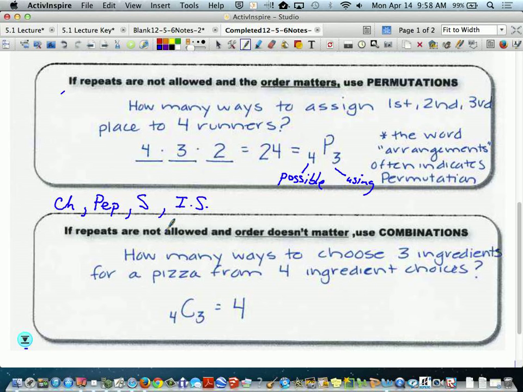Anyway, so what you have to think about in these situations where they're talking about order does not matter, and repeats are not allowed. So in this case, what they're talking about is there are places that put all the other ingredients under the cheese, and then there are places that put the cheese, then all the ingredients on top, right? But it's the same pizza.